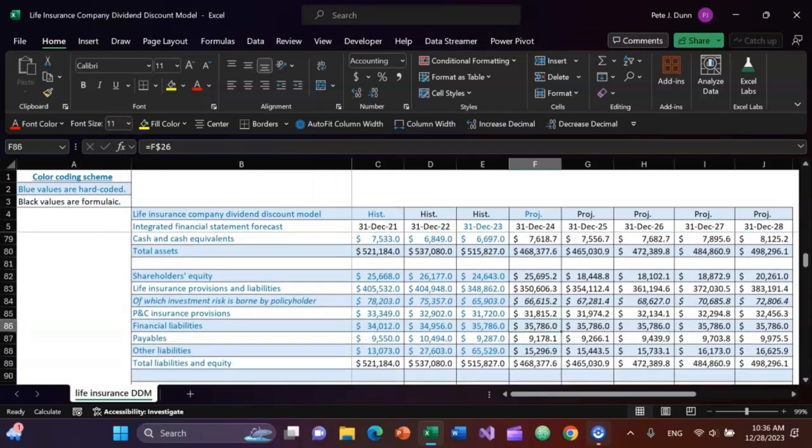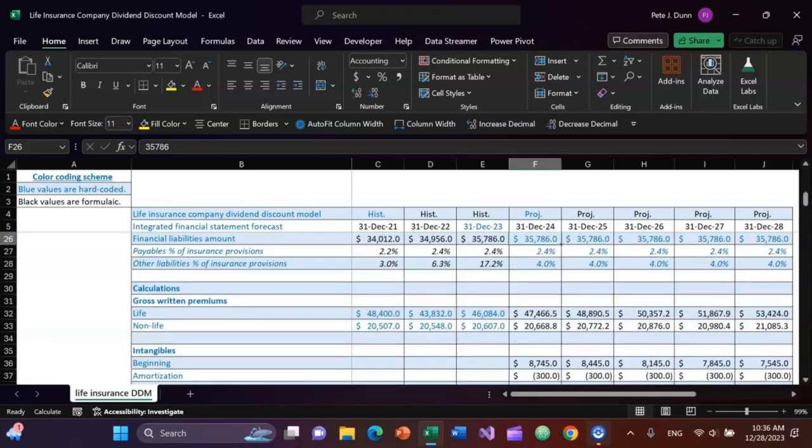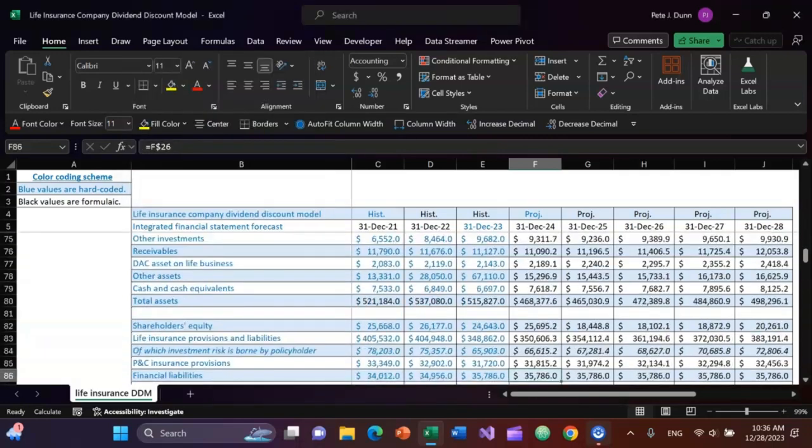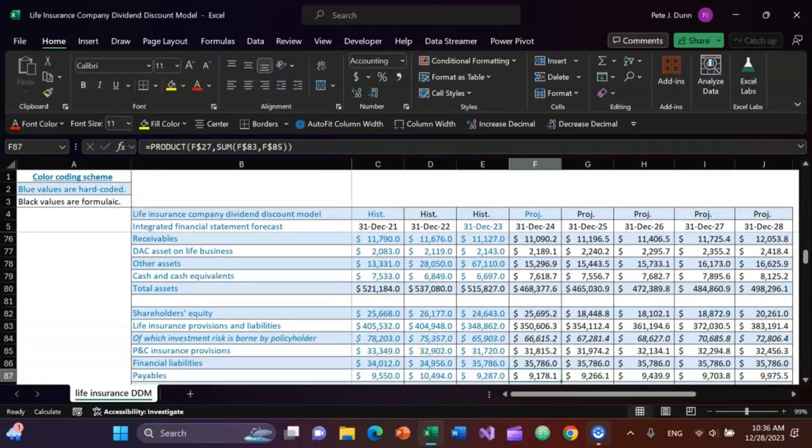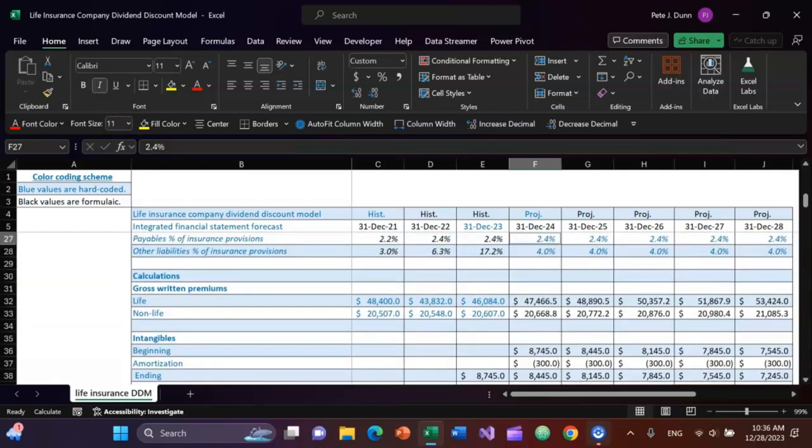Financial liabilities, those are a hard-coded assumption that just references row 26. Control F bracket to get up there, F5 enter to get back. Payables is equal to the assumption in row 27 times the sum of the insurance provisions, not including the unit linked part of the provision. So I'll do Control F bracket.